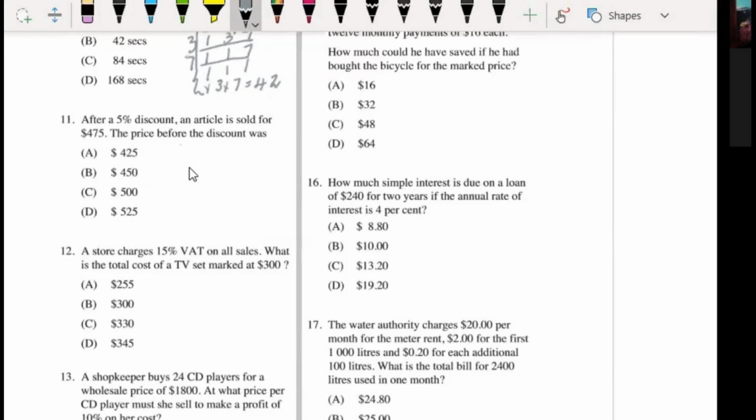We say 95% of X is equal to 475. So X must be equal to 475 divided by 95 and multiplied by 100.